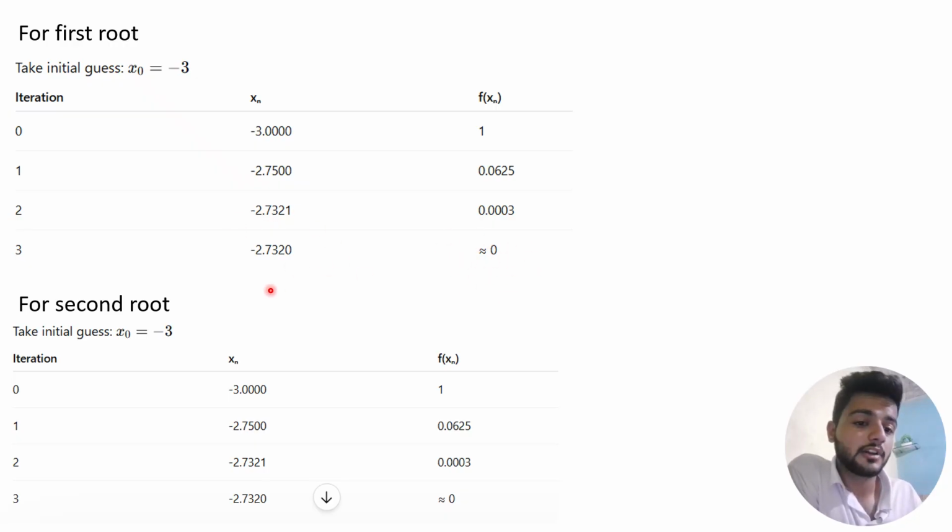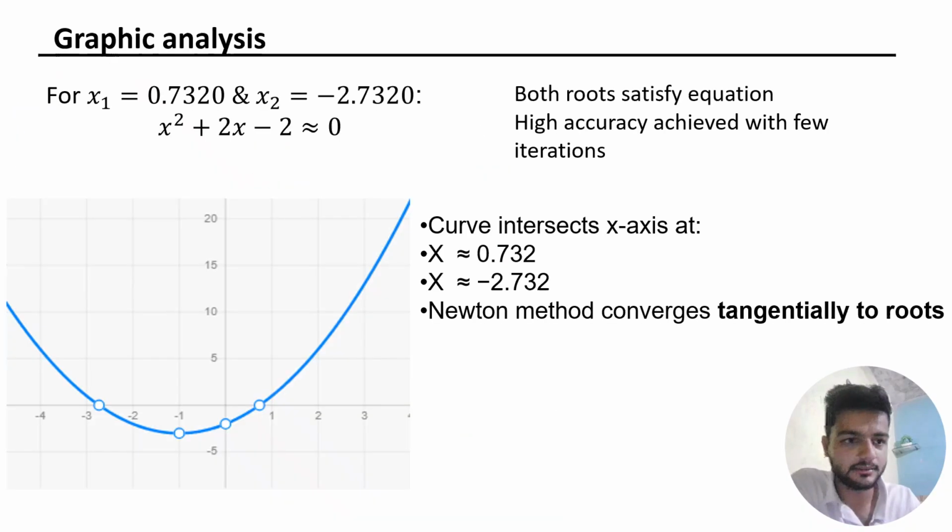Then we'll get our root, 2.7320, and for the second root we'll take another guess x naught equal to minus 3. So on the third iteration our root becomes 2.7320. So yeah, our roots are correct.